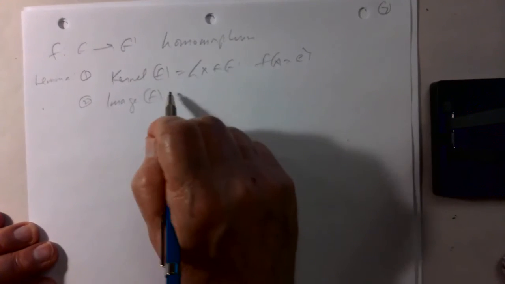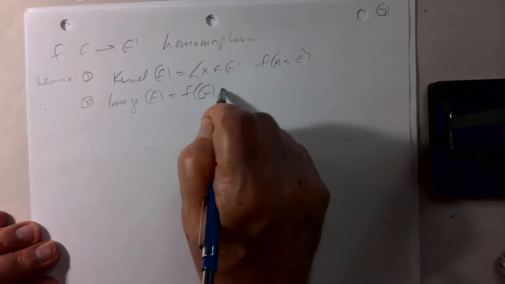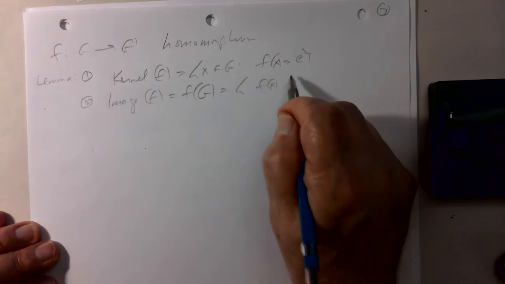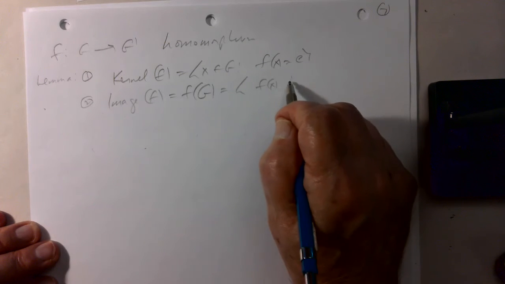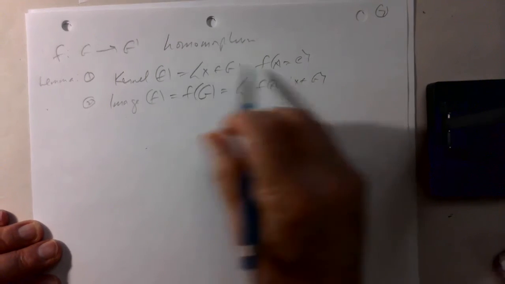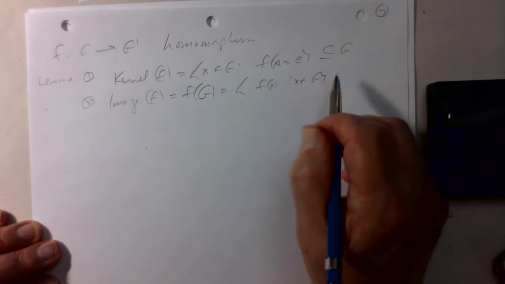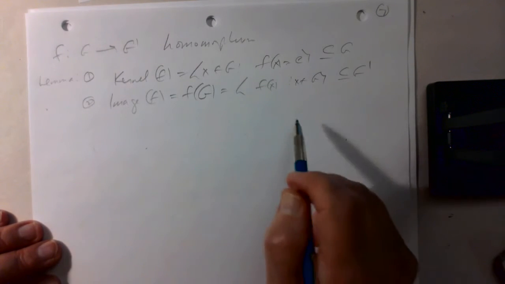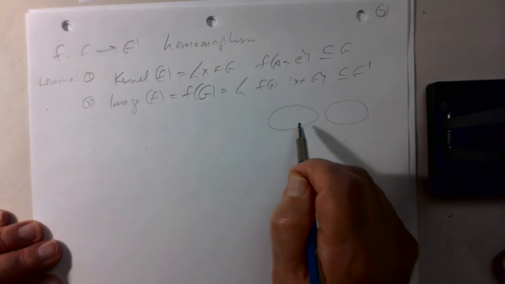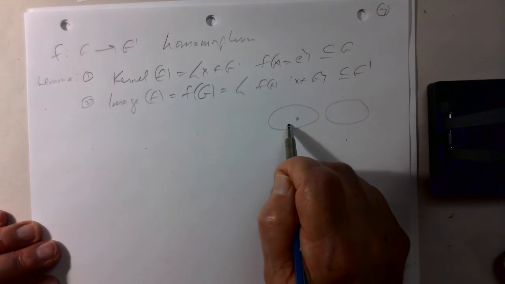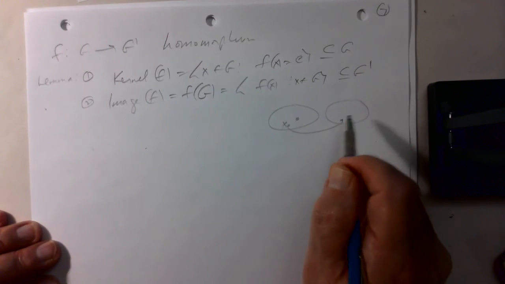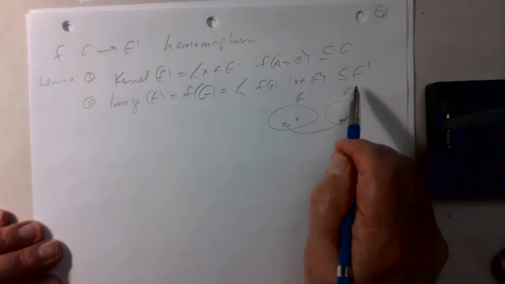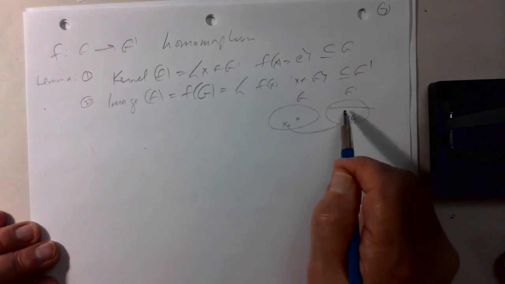And the image of f, which we sometimes write as f of G, is everything of the form f of x for x in G. So the kernel is a subset of G, but the image is a subset of G prime, because you take an x, here's f of x over in G prime.